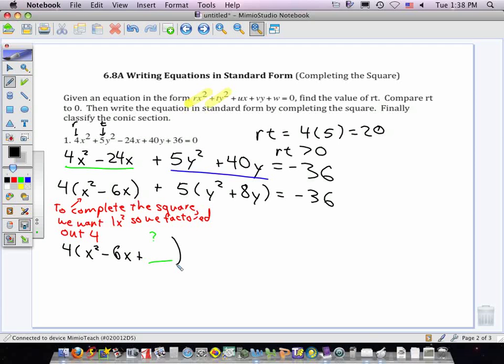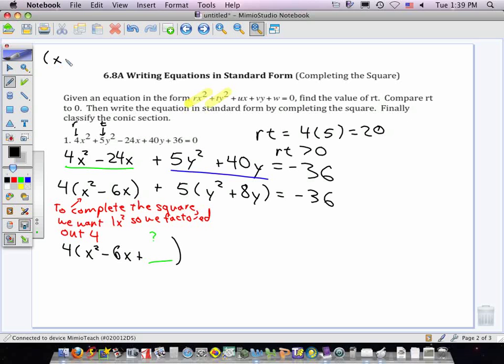Because you're trying to think, how could you write this as something squared? So you're trying to think, okay, x plus or minus some number, if you square it, would give x squared minus 6x plus something.